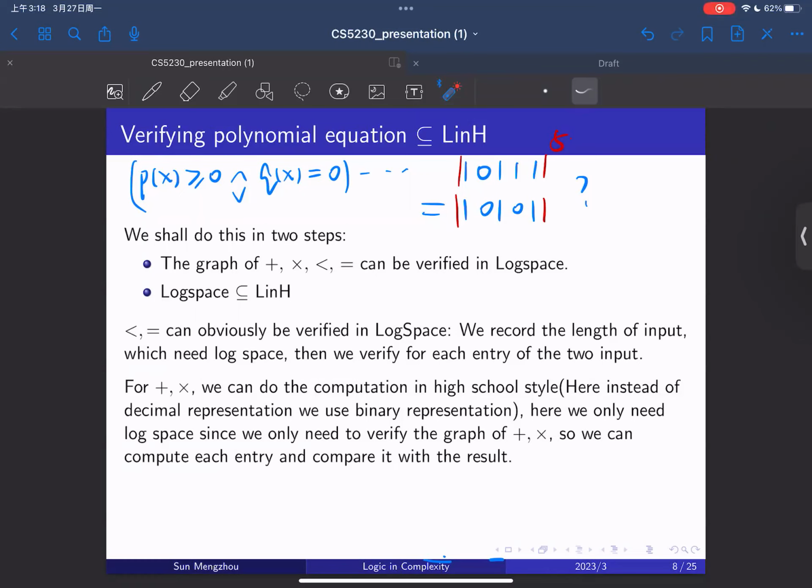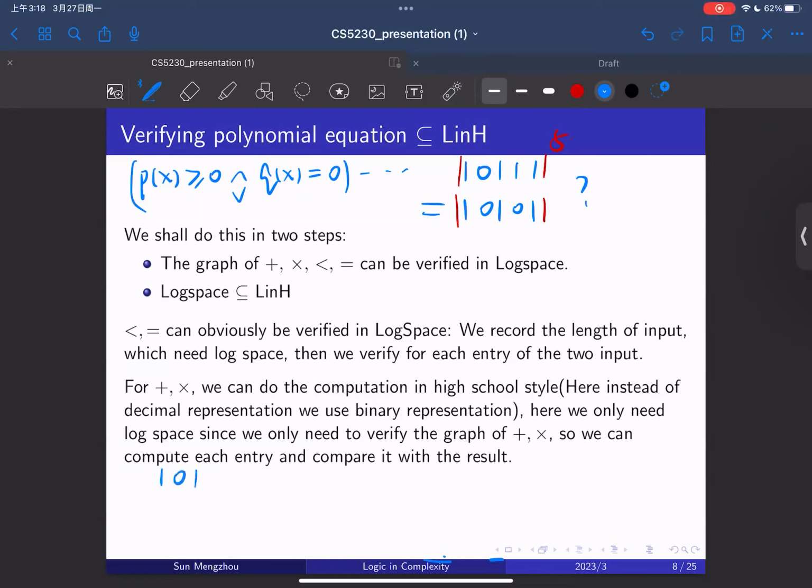And also for plus and times, we can do the computation in high school style. But here, instead of using the decimal representation, we use the binary representation. So let's give an example.